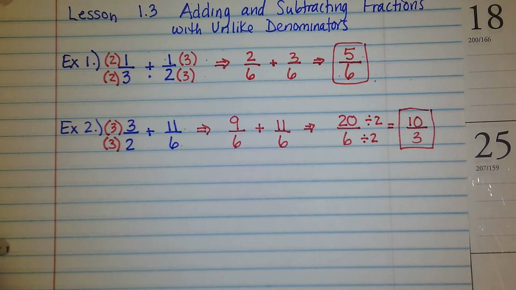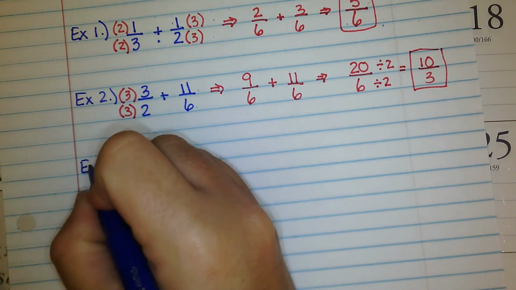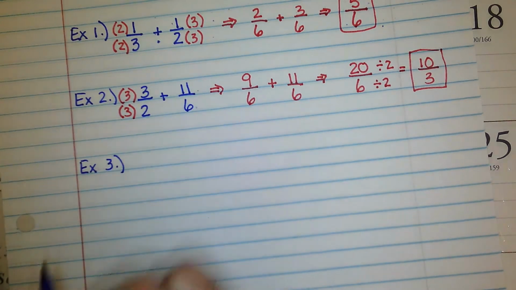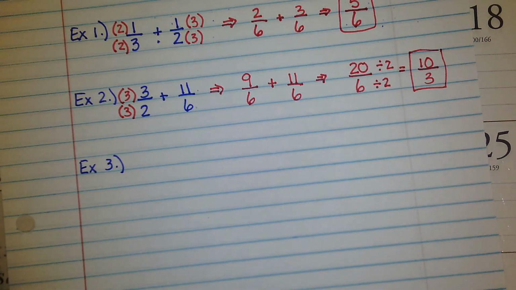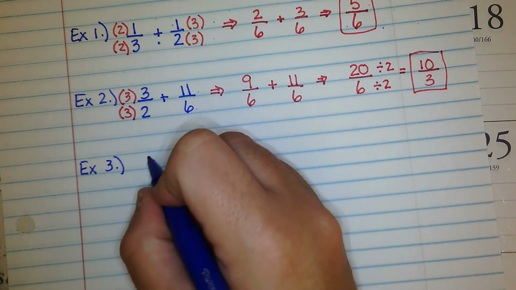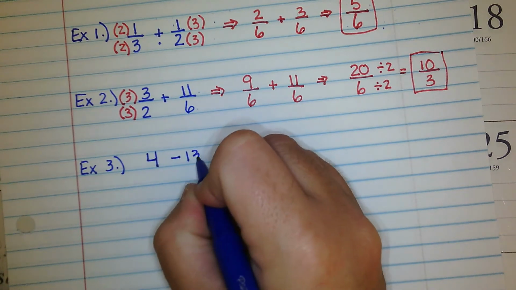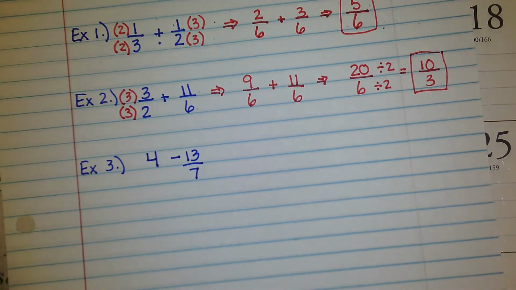The last type that I want to show you is one that looks a little bit strange. This is our third and final example for today. We're gaining common denominators, but check out this example. This is 4 minus 13/7.